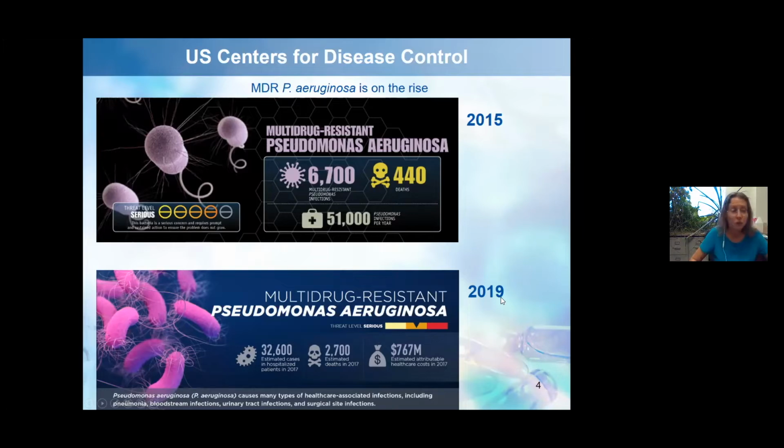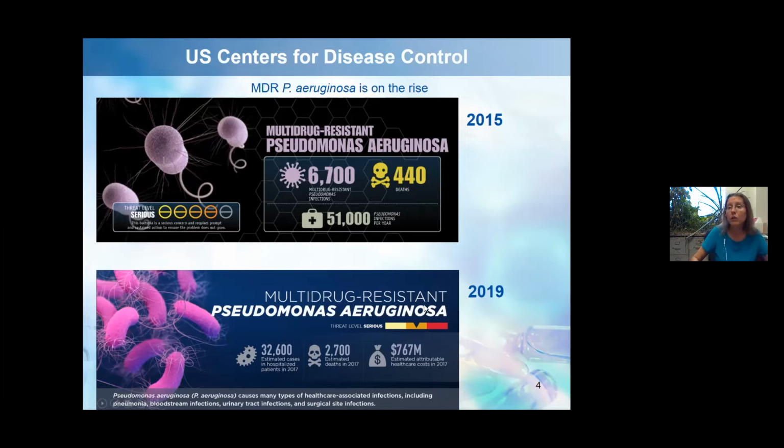However, just 4 years from that, we see these numbers increasing 4- or 5-fold, from 6,700 to 32,500, with a corresponding 2,700 deaths. Of course, this is a huge toll, not only in patients' lives and health, but also a financial burden for the country overall.